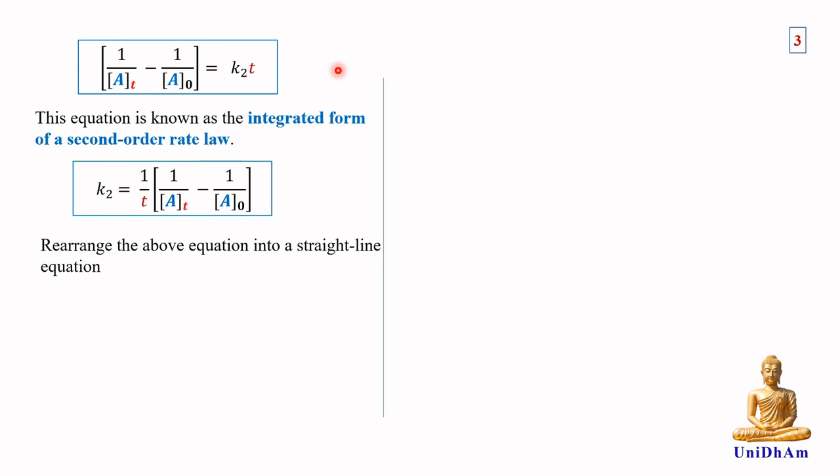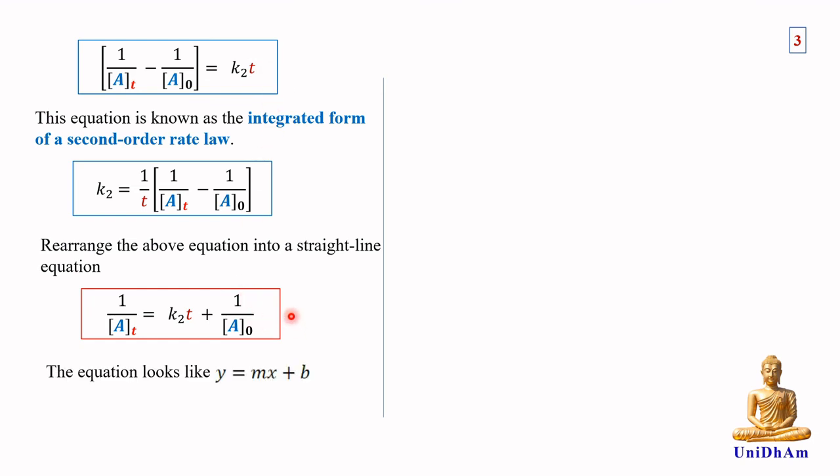Rearranging the above equation into a straight line equation, 1 by At is equal to K2t plus 1 by A0. This equation looks like y is equal to mx plus b, where y is equal to 1 by At, x is equal to t, m is equal to K2, and b is equal to 1 by A0.